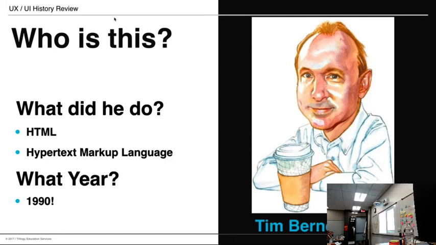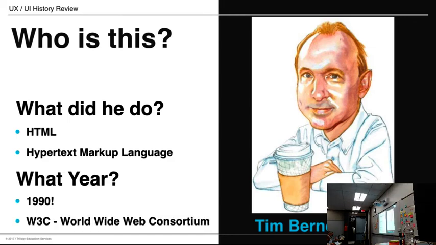Now, Tim Berners-Lee runs the World Wide Web Consortium. Has anybody ever heard of the W3C? Yes? Like all this stuff you learn, you find CSS, HTML, it's like a resource. They are the regulatory body, or the organization that devises standards for how we code for the web.